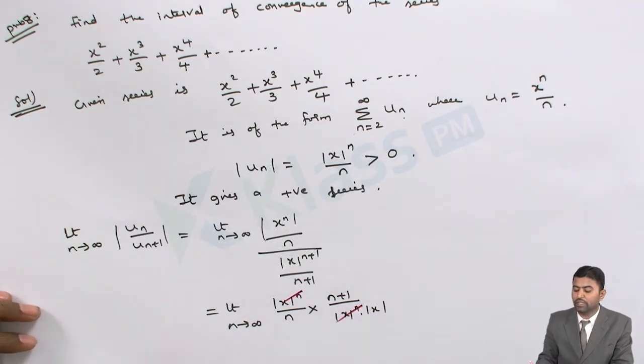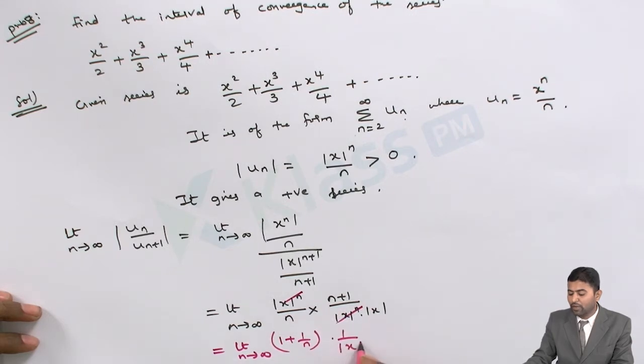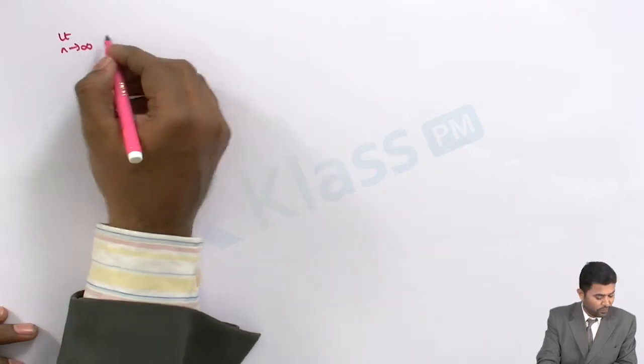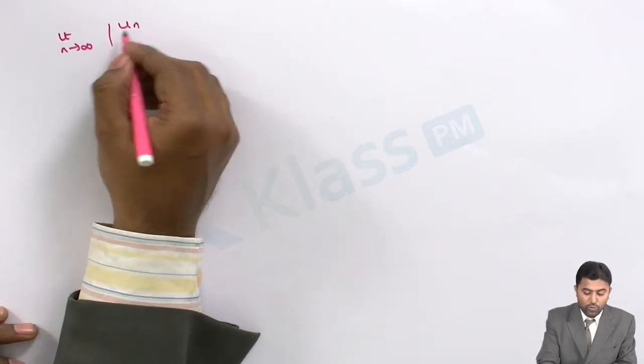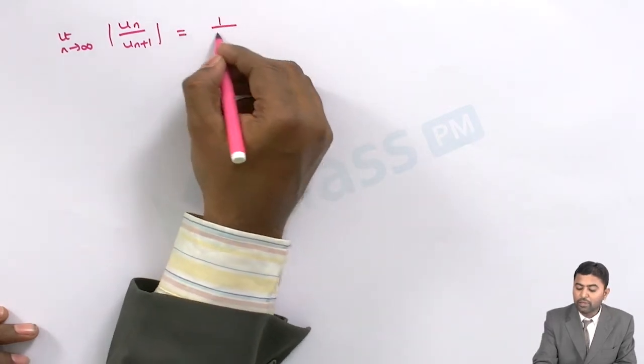So this and this will get cancelled. So this is equal to limit n tends to infinity n plus 1 by n, which gives 1 plus 1 by n, into 1 by mod x. Now this is going to give the answer: limit n tends to infinity mod un by un plus 1 is equal to 1 by mod x.